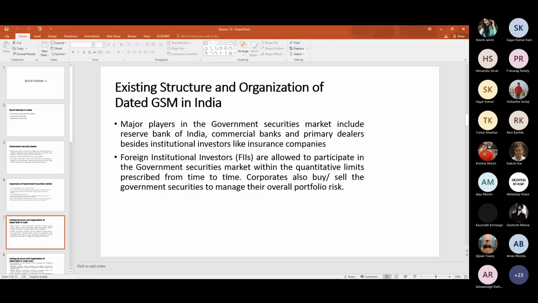And companies also buy or sell government securities to manage their overall portfolio risk, because it is considered a risk-free instrument. So to balance or manage their risk, companies can also invest in this security.